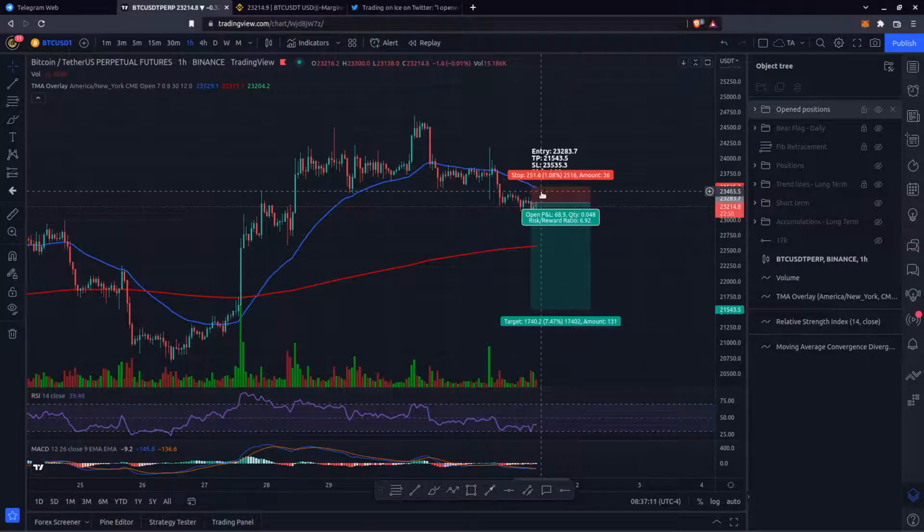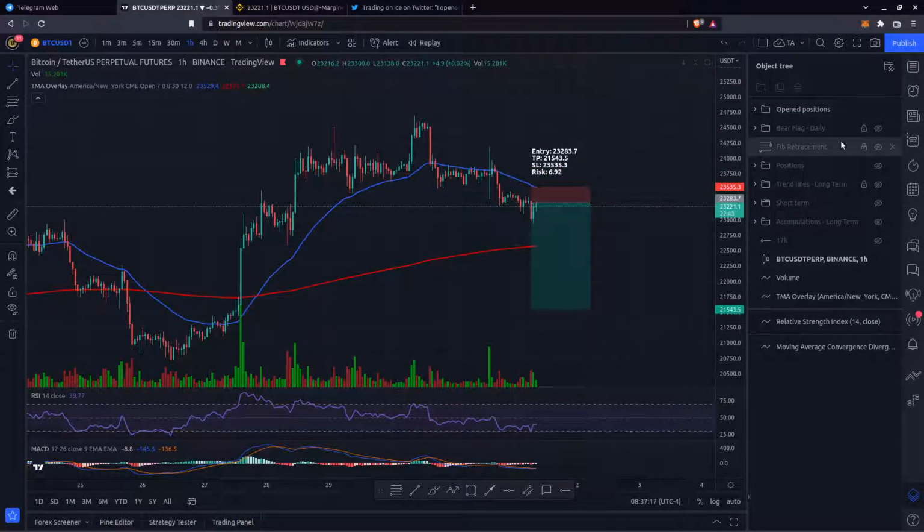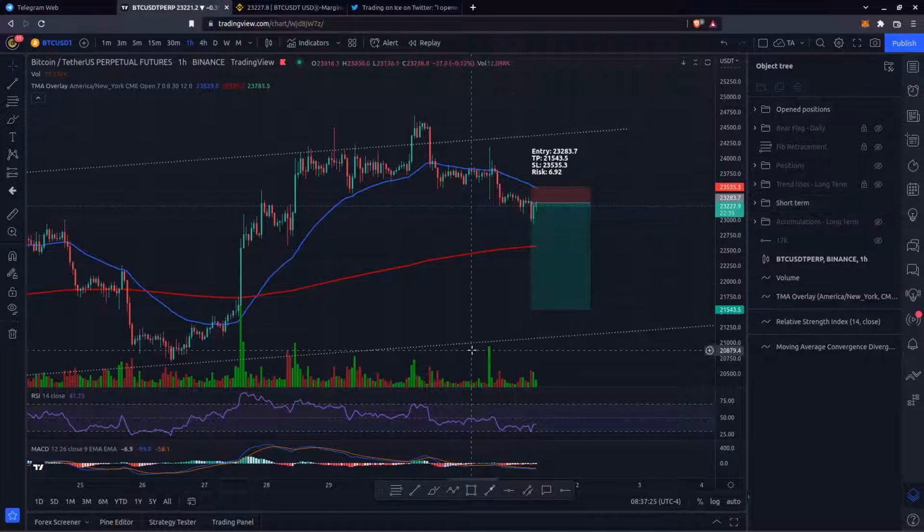But if eventually Bitcoin starts to descend, if only to retest the bottom of this channel here, I'll be happy to capture this movement.